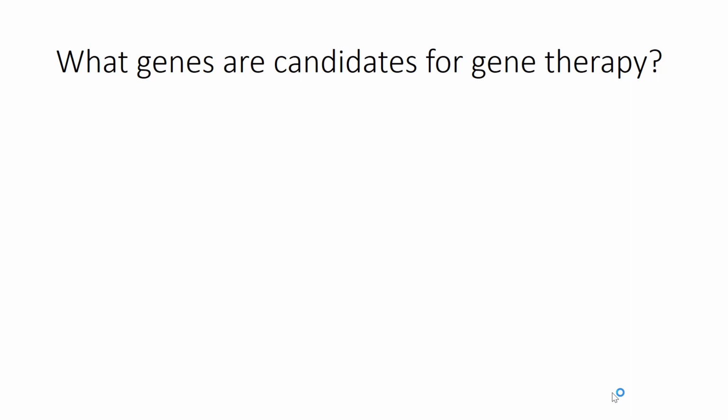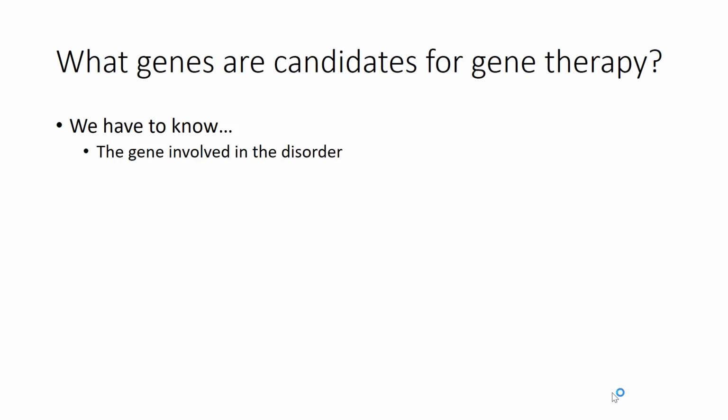What do we need to know about a gene in order to implement gene therapy changes? So we have to know several features. First, we need to know which gene is involved in the disorder, and this seems like a no-brainer. But we really only understand a very small part of the human genome still.